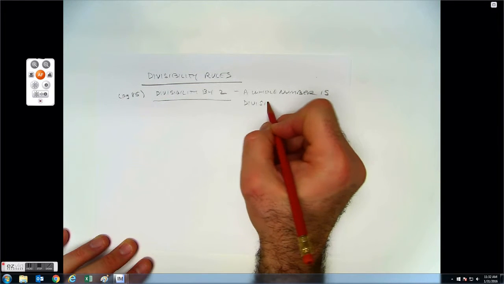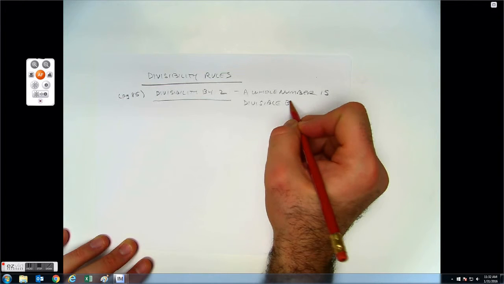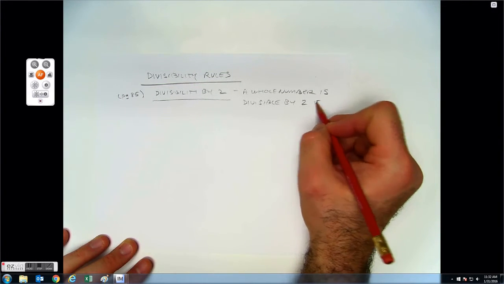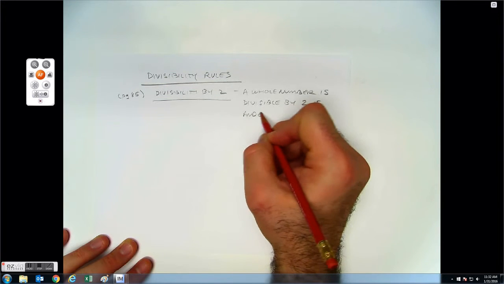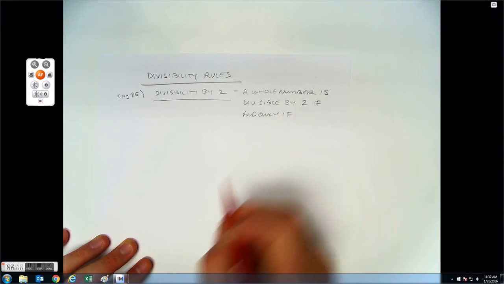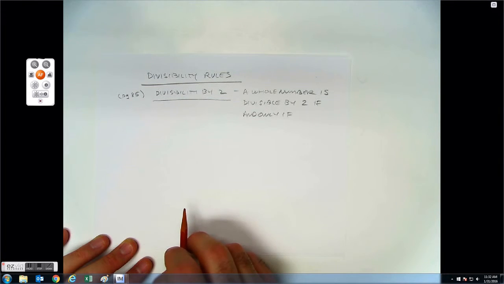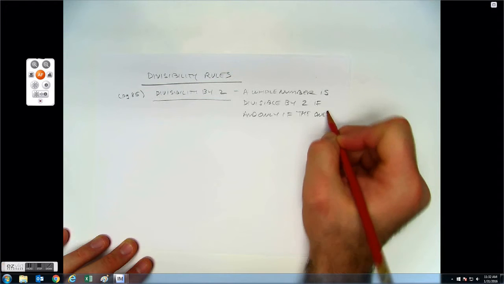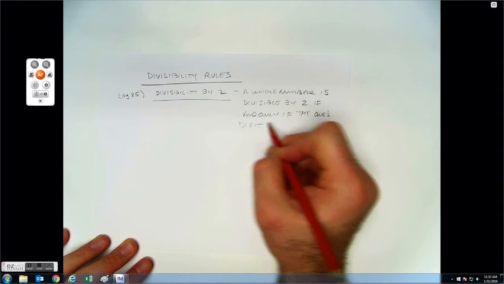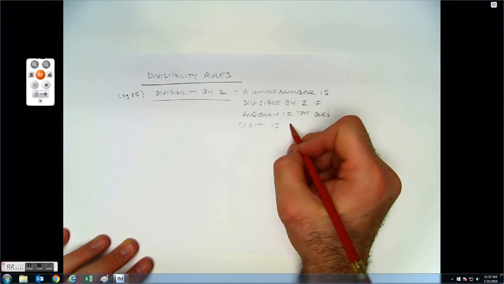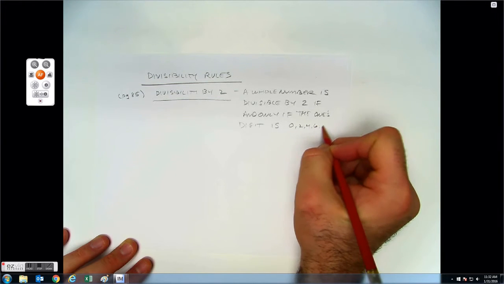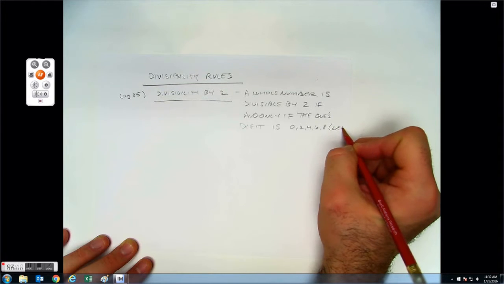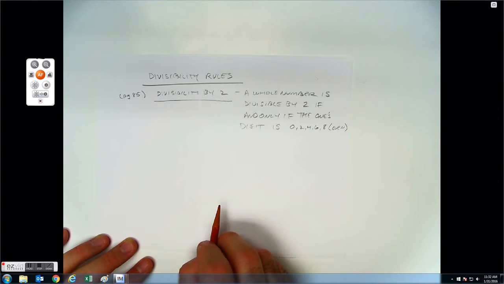Divisibility by 2 says a whole number is divisible by 2 if and only if the ones digit is 0, 2, 4, 6, or 8, or basically an even number.